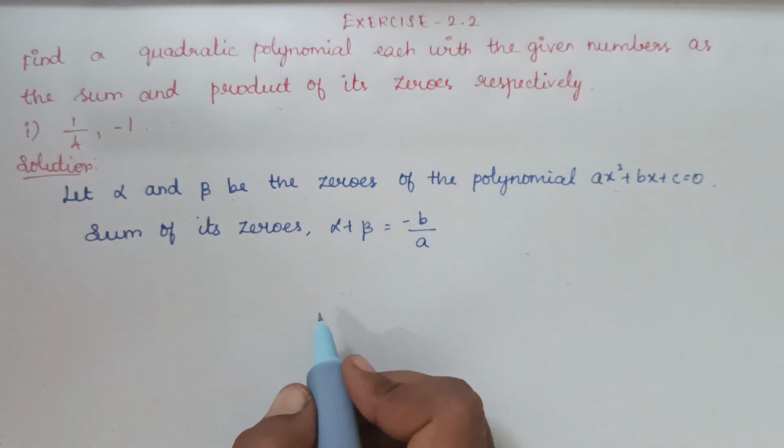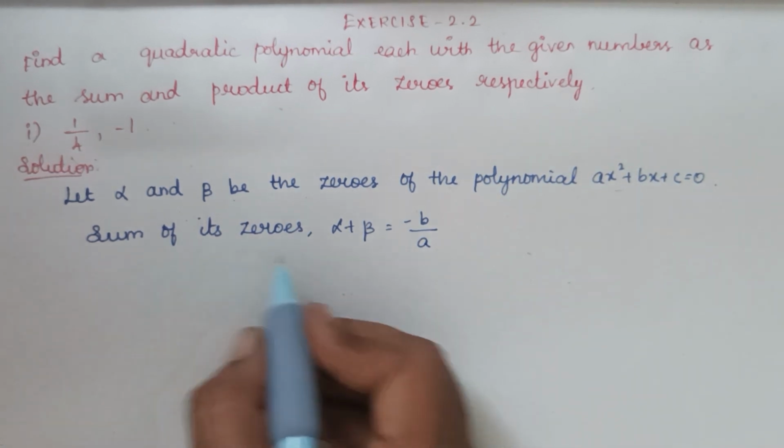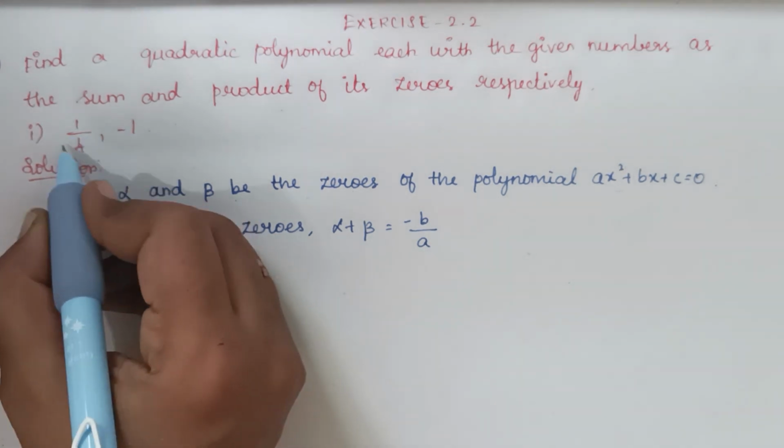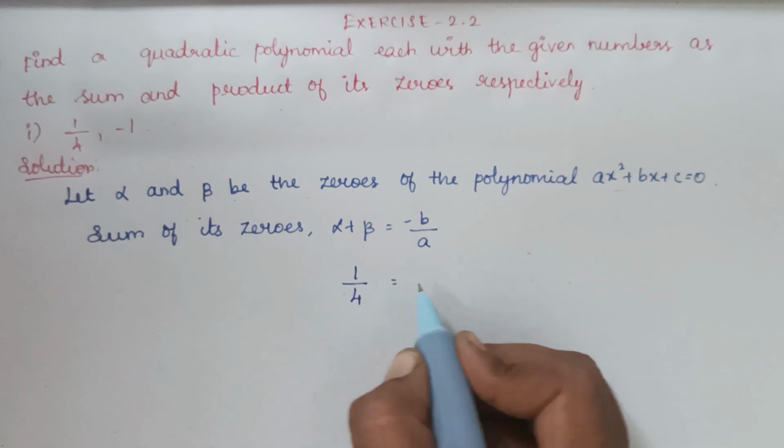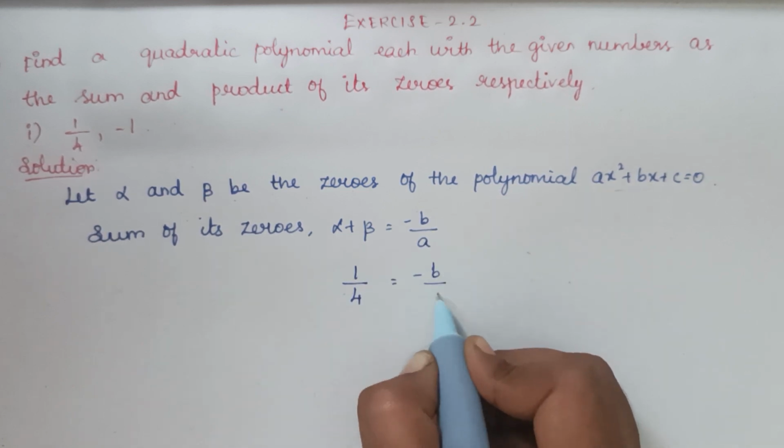Alpha plus beta, the sum of its zeros, they have given already. So 1 by 4 is equal to minus b by a.